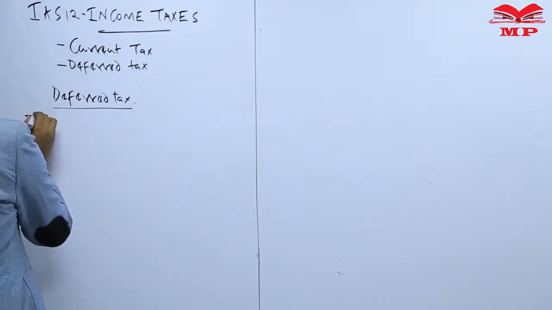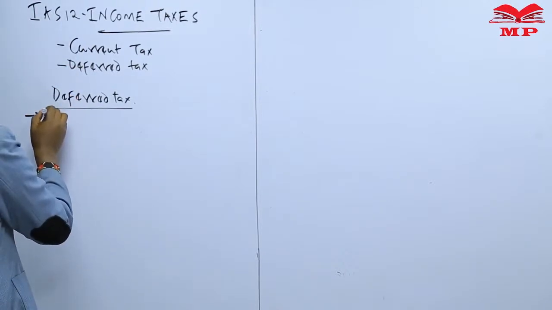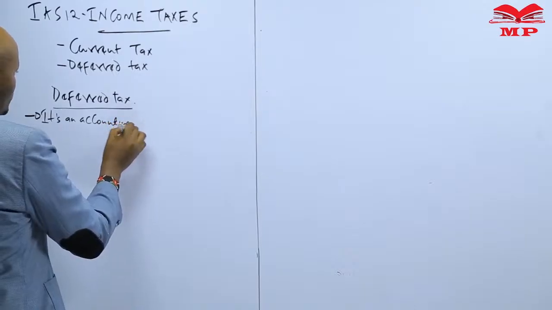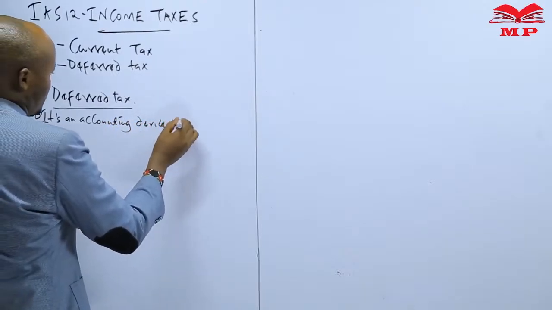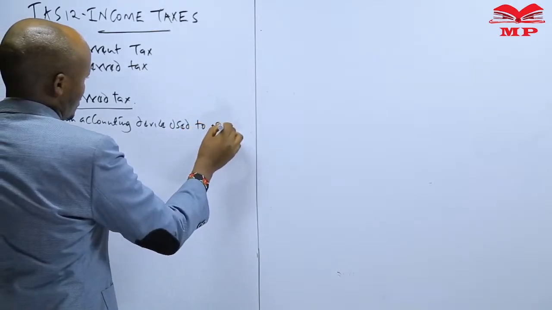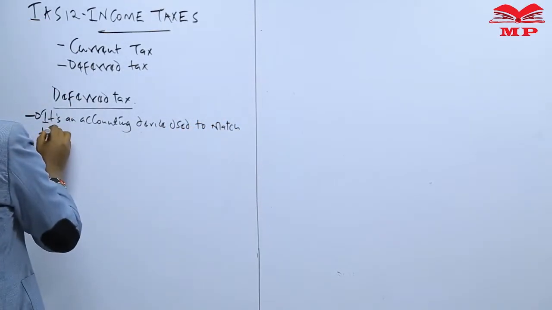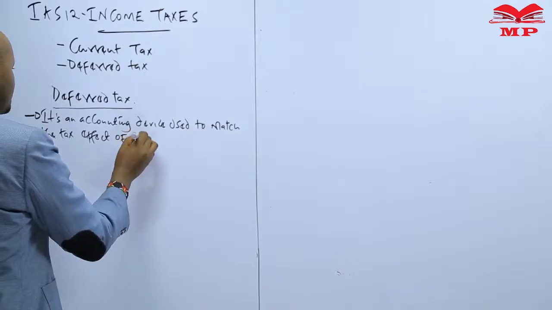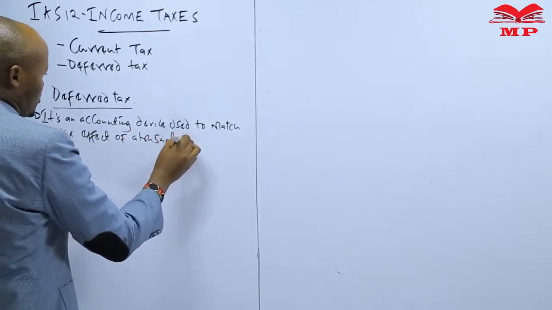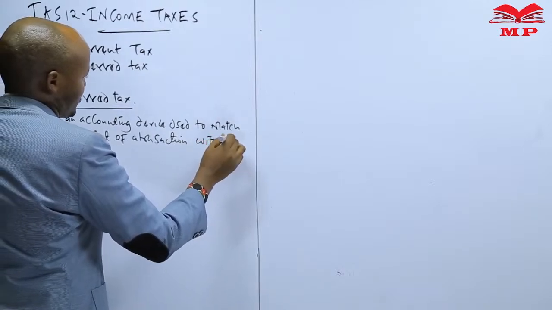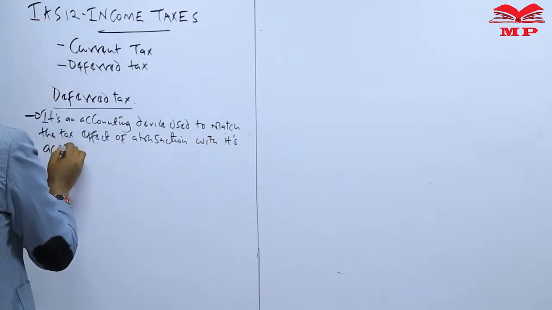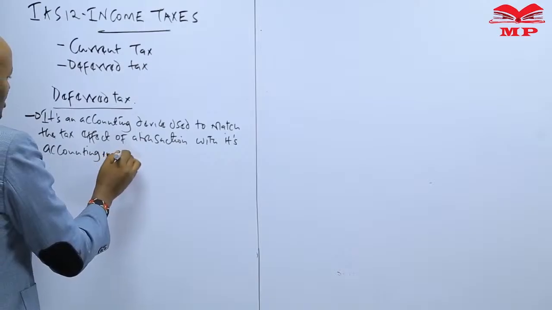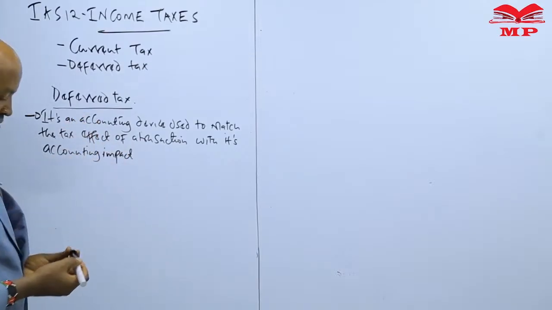But in terms of how this is defined under IAS 12, we have said it is an accounting device used to match the tax effect of a transaction with its accounting impact.